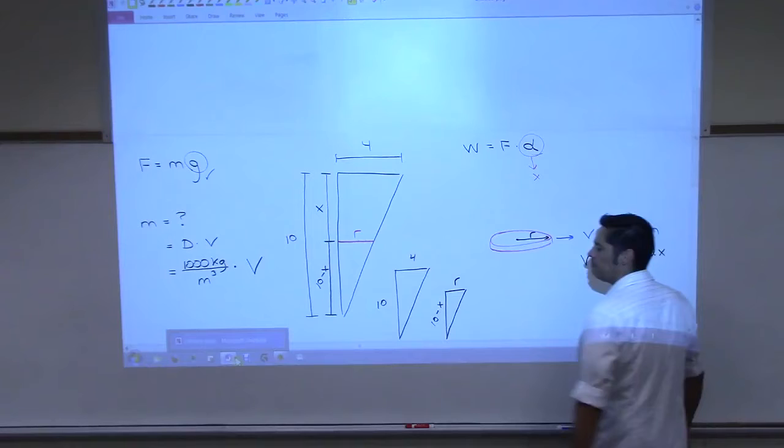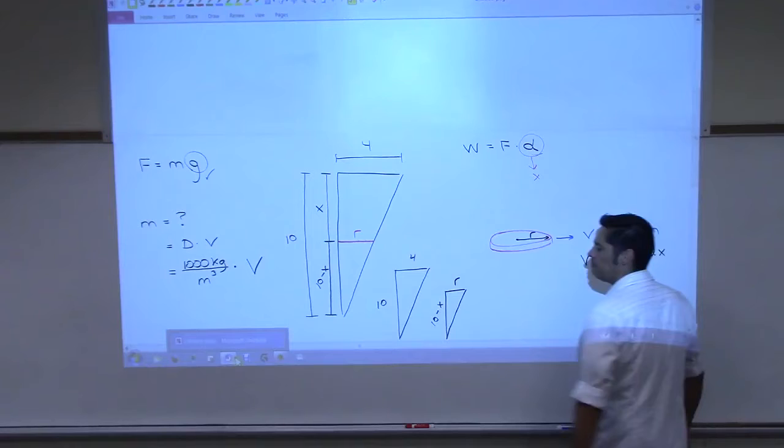Now I get to start assigning some variables. I'm going to take this point right here in the middle to be like an origin point. And I'm going to say that the distance from here to the water, right there, to my slice, I'm going to call that distance x. All right? I'm going to call it x.